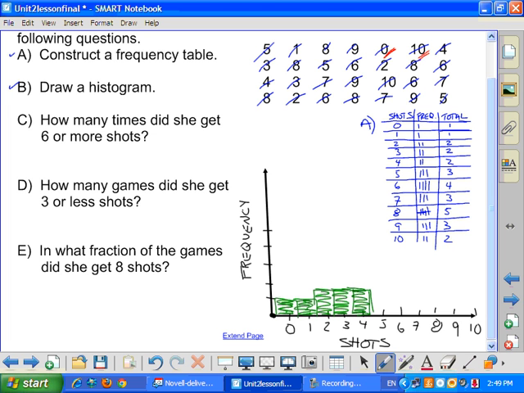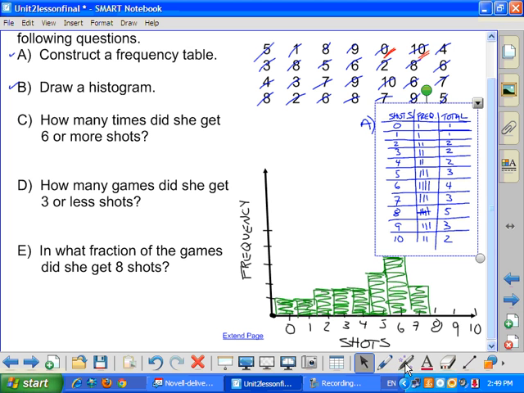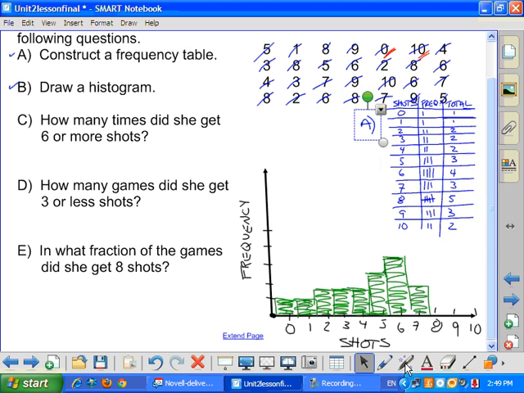Just not very consistent. Just all over the place here. 5 shots occurred 3 times. 6 shots occurred 4 times. 7 shots occurred 3 times. 8 shots occurred 5 times. I got to move my chart. Oops, move the A as well.